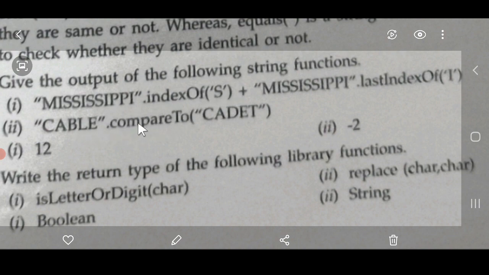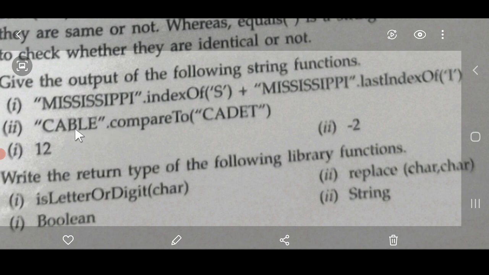After that, "cable".compareTo("cadet"). So in the compareTo function, C is common, A is common, then B and D. In terms of ASCII value, B is smaller than D, so the difference will be negative.